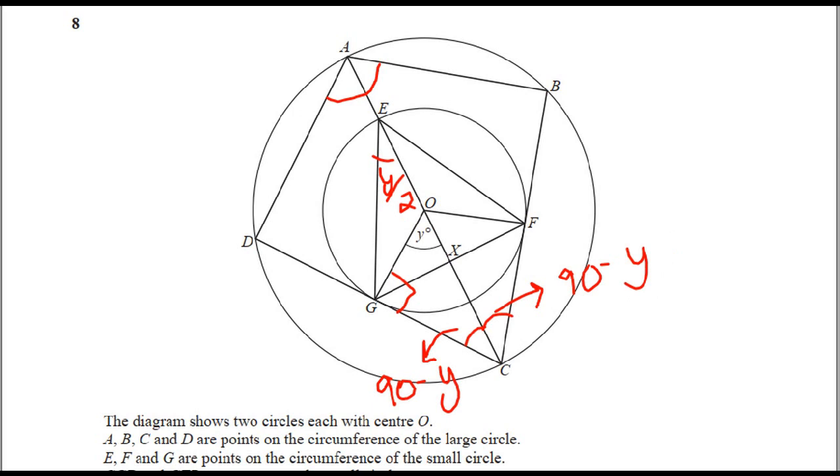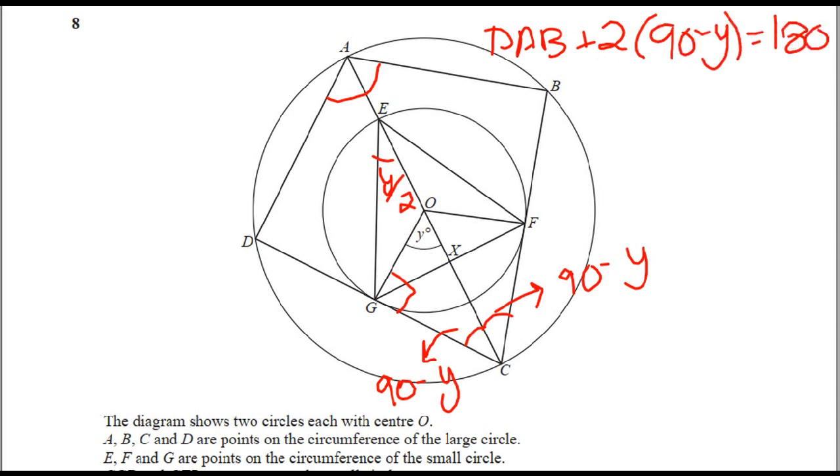Why? Because this line and this line are equal, because these two are tangents originating from the same point, so they'll be equal in length. So sum of angle DAB plus 2 times of 90 minus y, sum of opposite angles in a cyclic quadrilateral is 180.